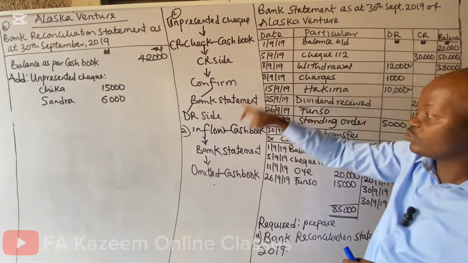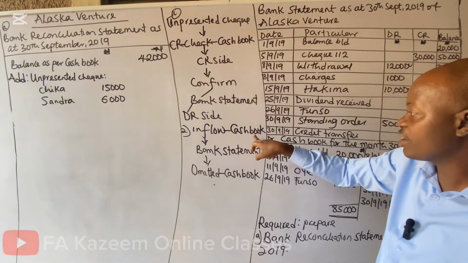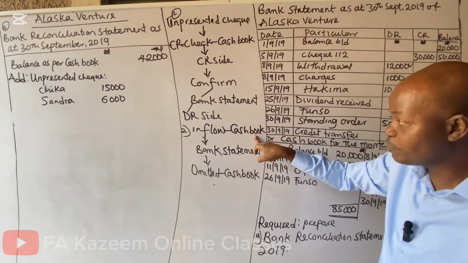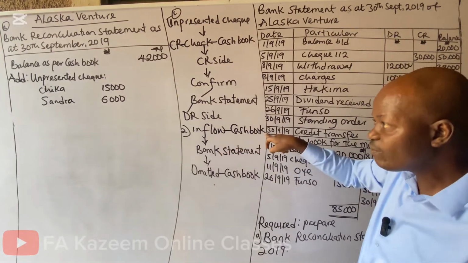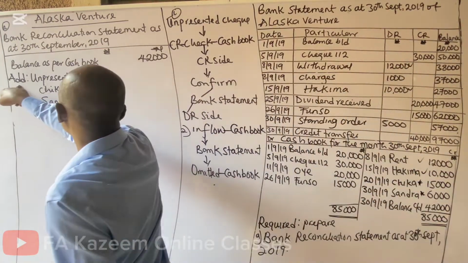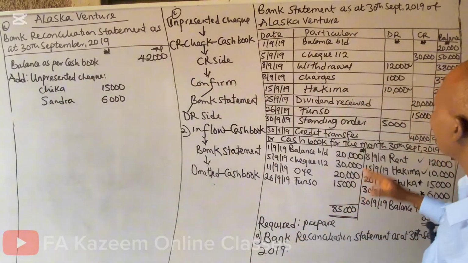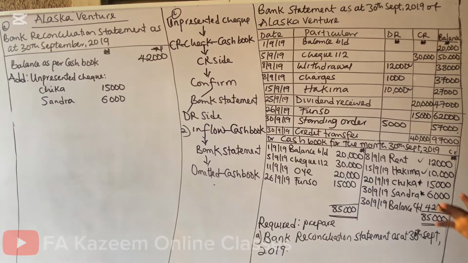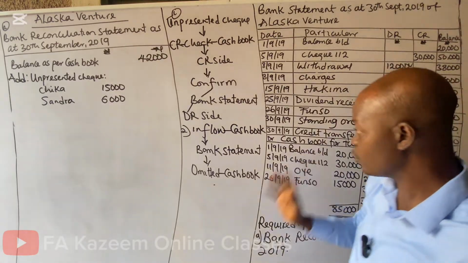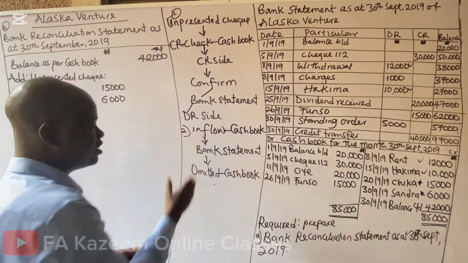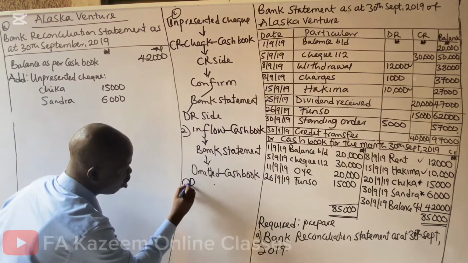That money constitutes an inflow, but it has not been reported in the cash book as an inflow. And as an inflow, that money must be added back to the balance of the cash book. Now, how do we do that? We'll check all the credit side of the bank statement this time. That's number two. To get all the inflow, we'll check all the credit side.